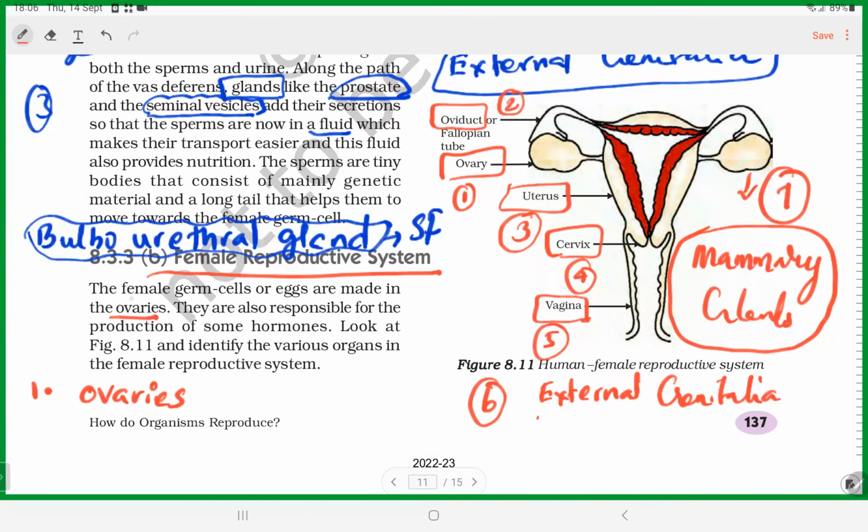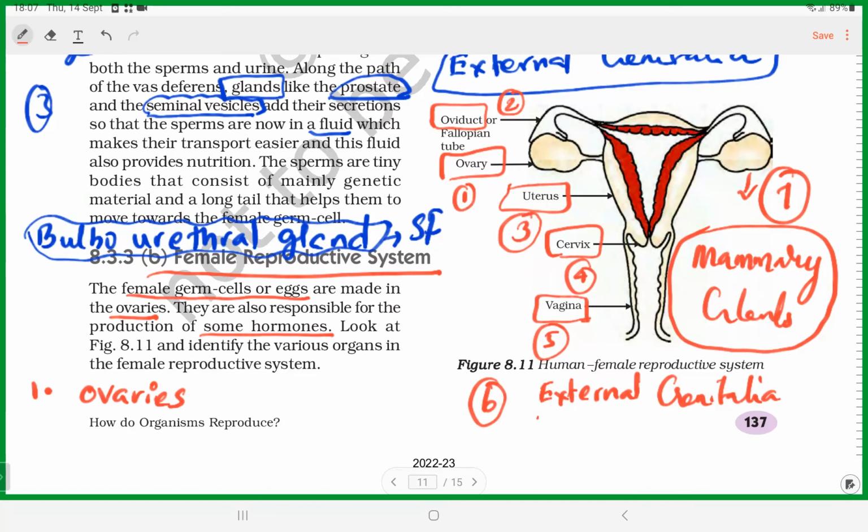Sir, it secretes the female sex hormones and produces egg cells. The ovary produces estrogen and progesterone, the sex hormones for female sexual characters.